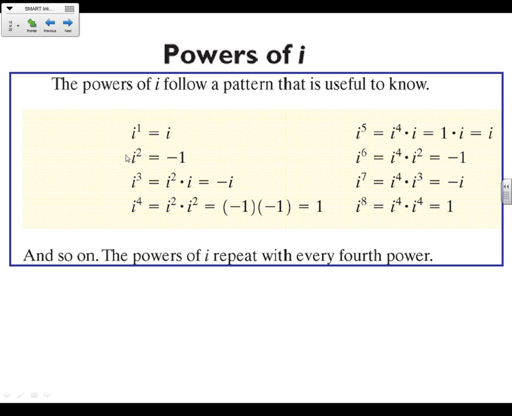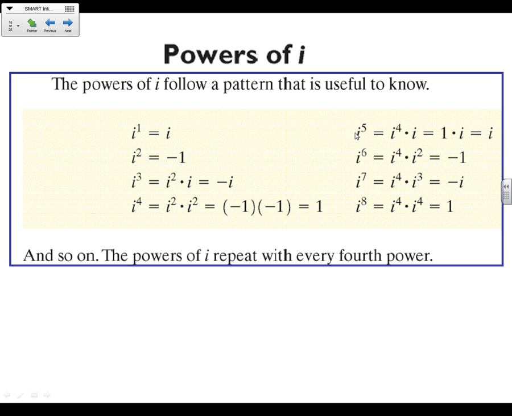All right, last thing we got to look at here in this section is what happens with all our i's. i to the first is just i, square root of negative 1. i squared is negative 1. And now what's i cubed? Well, i cubed is going to be i squared, which is negative 1, times i. So negative i. i to the fourth is i squared times i squared, negative 1 times negative 1, so 1.